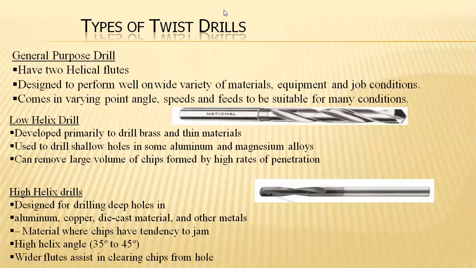These are materials where chips have a tendency to jam, with a helix angle of about 35 to 45 degrees. Normally, these wider flutes assist in clearing the chips from the holes.